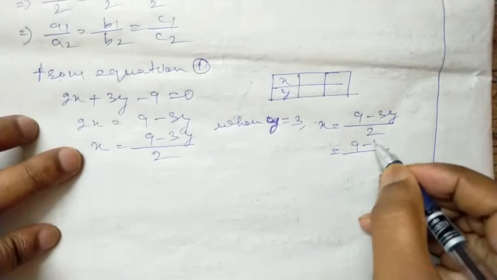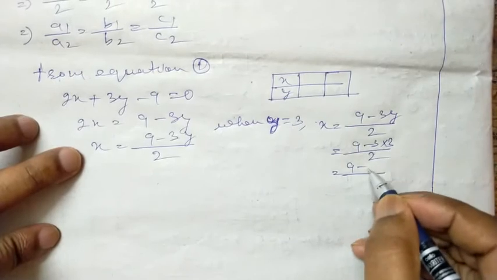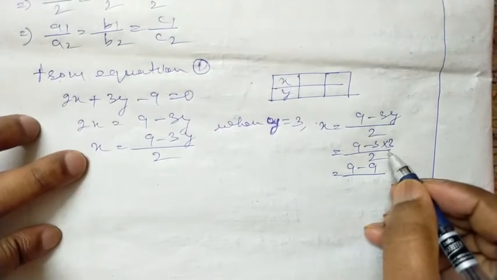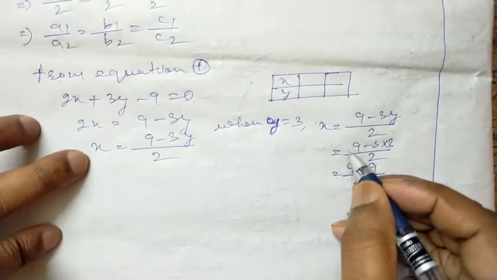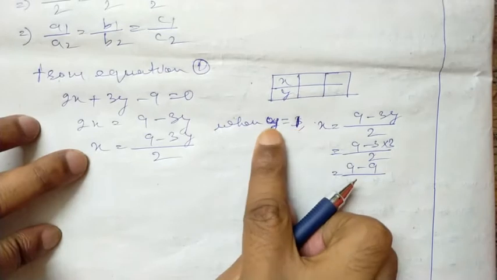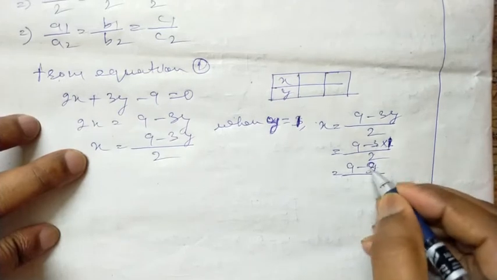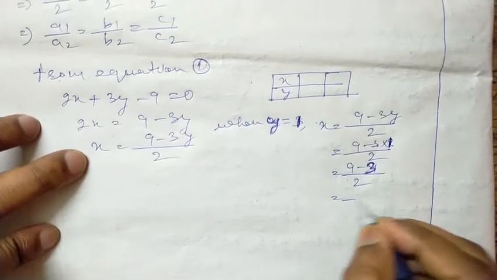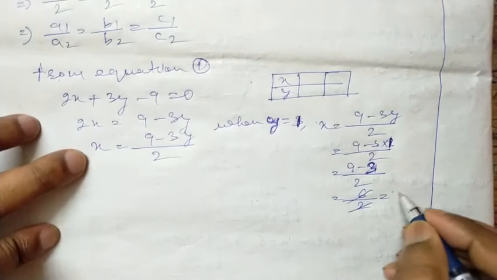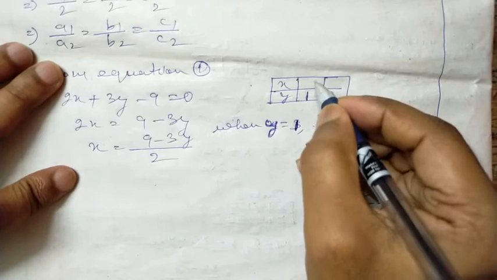So 9 minus 3 into 3, 3 threes are 9, so the value becomes 0. It means we can take y is equal to 1 instead. 3 ones are 3, so 9 minus 3 is 6, divided by 2, we get 3. So if we take the value of y as 1, we get the value of x as 3.